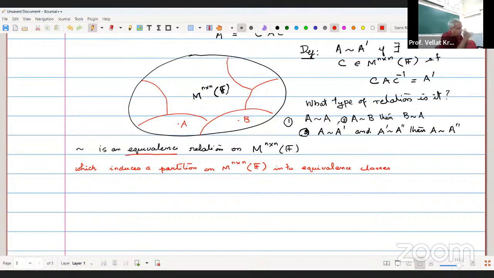So it is going from one frame into another frame. That's all. If you take two blocks, you cannot pick an element from one block and another element from another block and go from one to the other through a change of ordered basis.